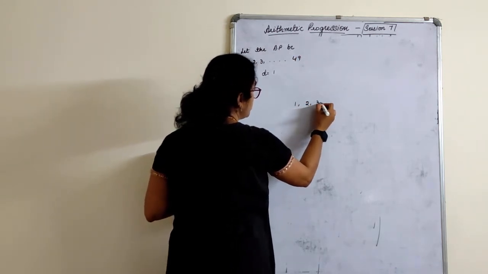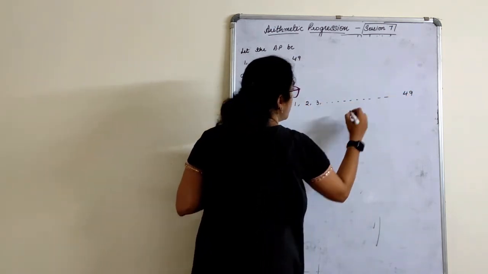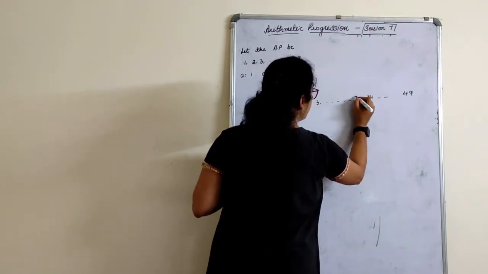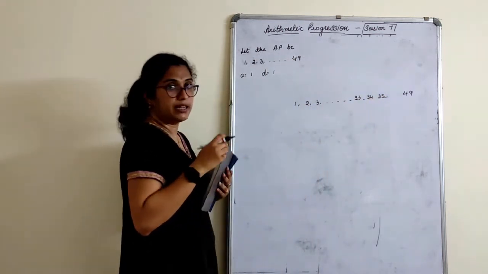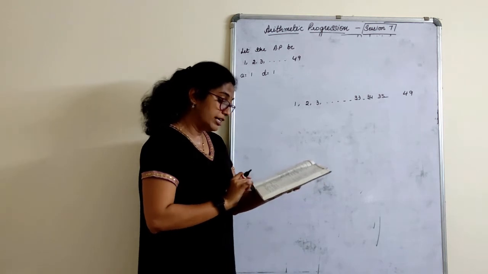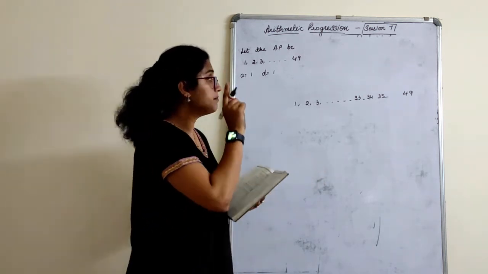Okay, let us assume that now here. See, 1, 2, 3. We have some numbers up to 49. Assume that we have one number here 34 and we have number here 33 and this is 35. Just assume that these are some numbers in between. According to the question, let us assume one number as x.